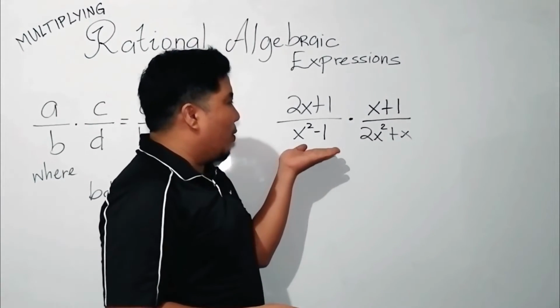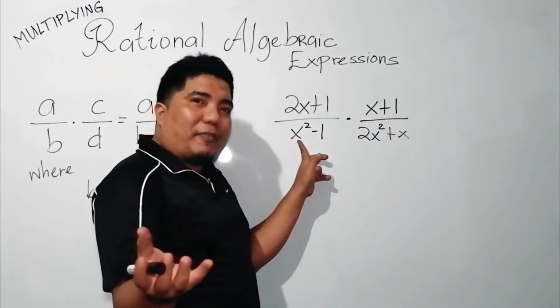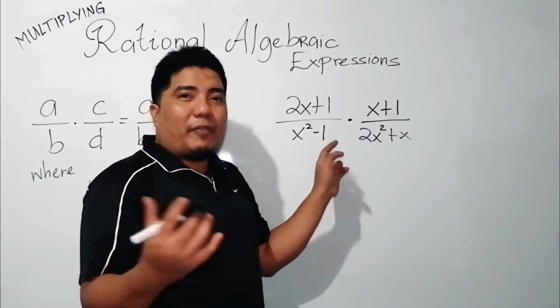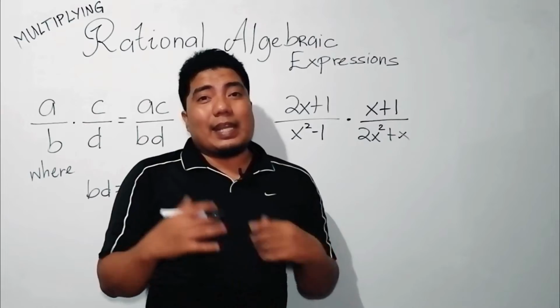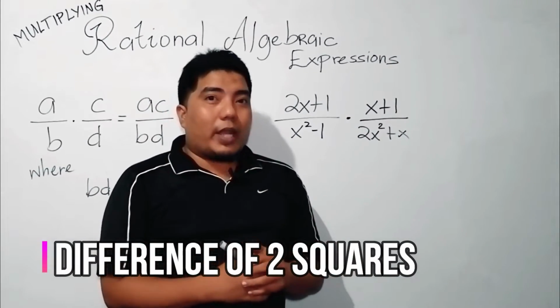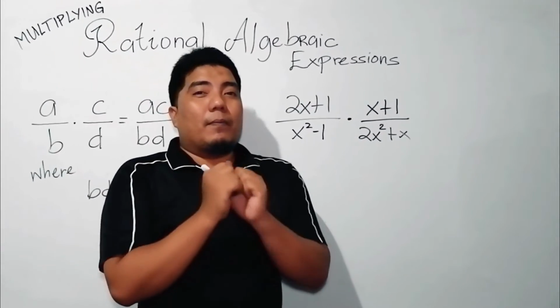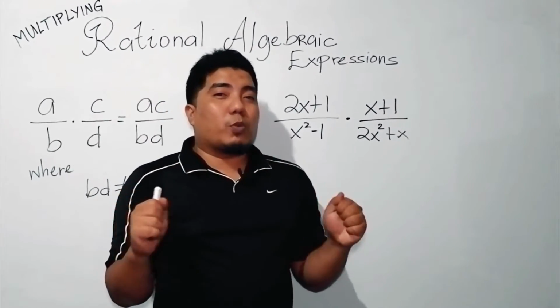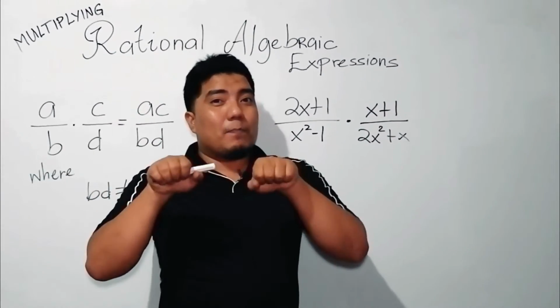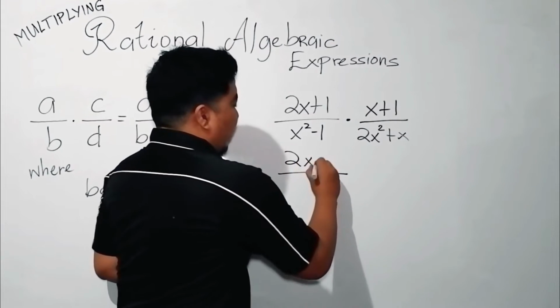So now let us go to x squared minus 1. Now, x squared is a perfect square. 1 is also a perfect square. Now, this is an example of a difference of two squares. Now, remember in our lesson, we can factor the difference of two squares into two given binomials. Okay, so what we will do here now is, we write this first.